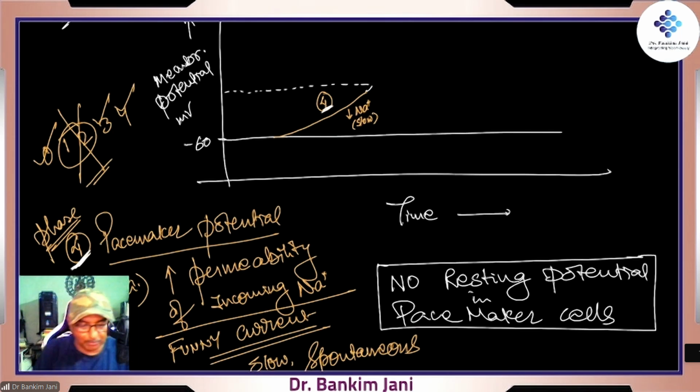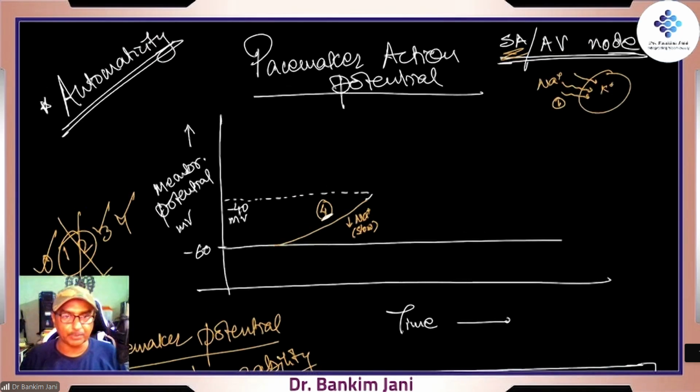So at minus 40 millivolt, some of the receptors will go crazy and there would be a spike. If there is a spike, that means things are going towards positive. So one thing is clear, some positive ion is entering our cell.